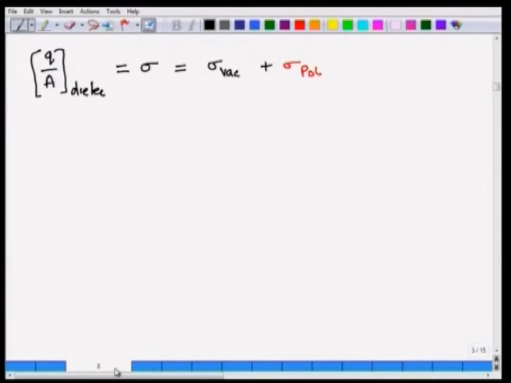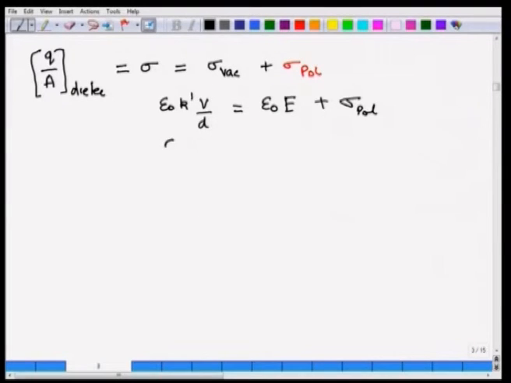So, if that is the case, we are going to write this quantity, epsilon naught K prime V by D, as equal to epsilon naught E plus sigma due to polarization. What is this quantity V by D? Of course, it is the electric field.